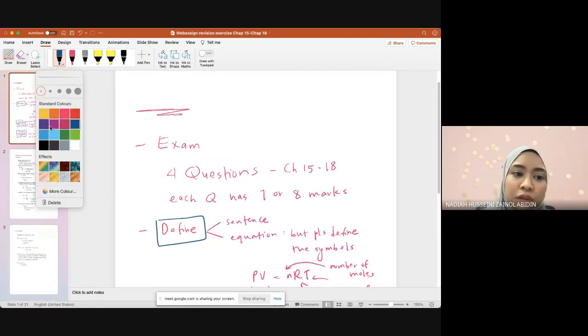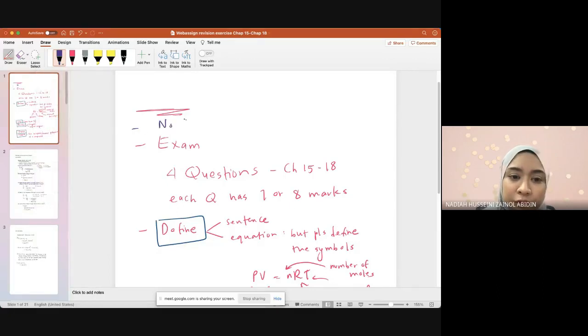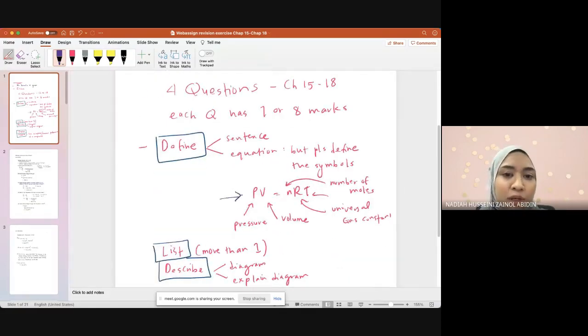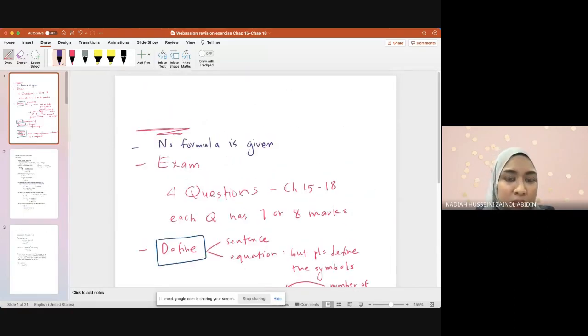No formula is given. That's why they can ask you the definition, because if formula is given, then questions like this are pointless. You get free marks, so it can't be. So no formula is given, which means that you need to memorize all the formulas.